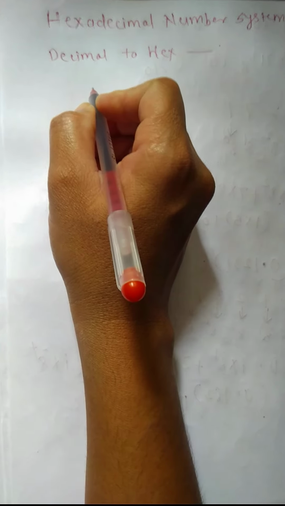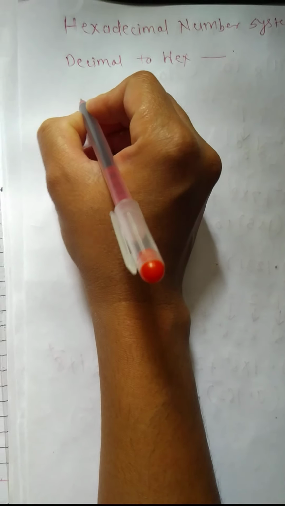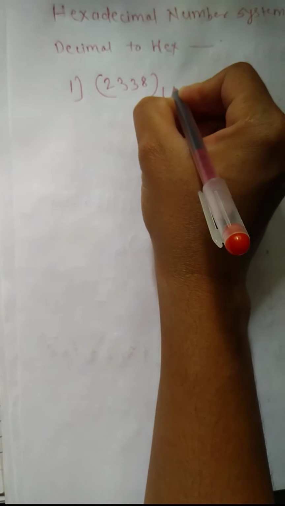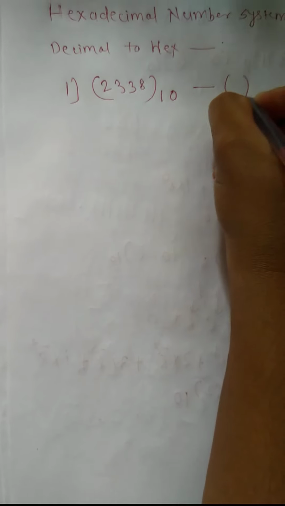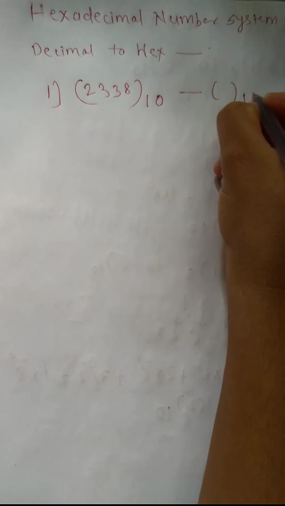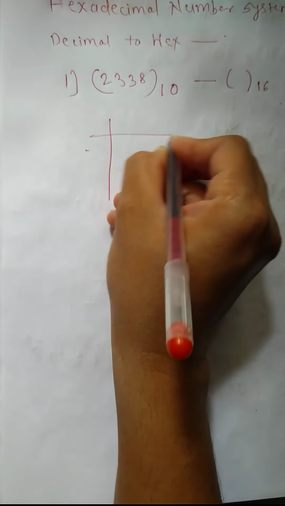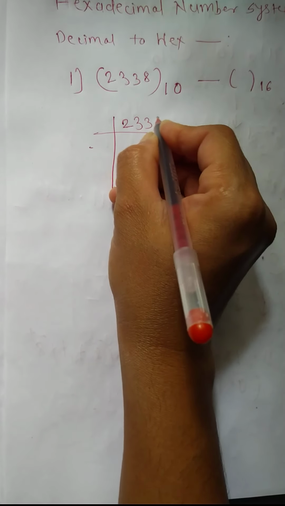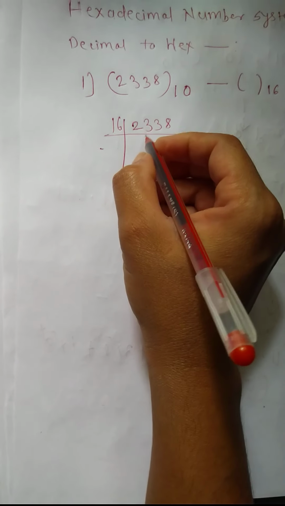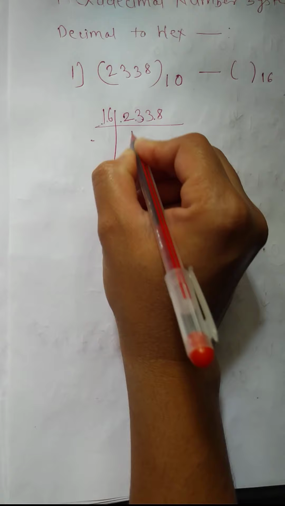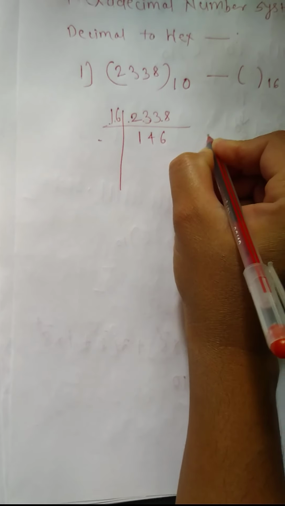First conversion, decimal to hex. If it is an integer number, the first example is 2338. This is a decimal number. We convert this number into hexadecimal. For that we divide by 16. The remainder and quotient are noted. 2338 divided by 16, the answer is 146 and the remainder is 2.